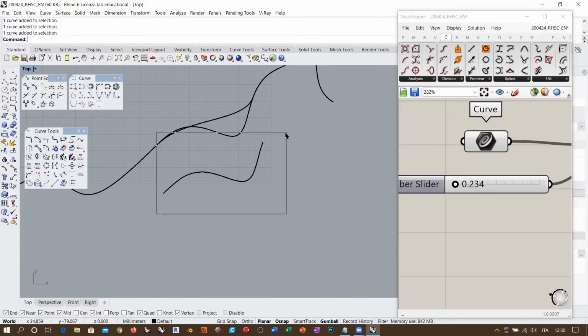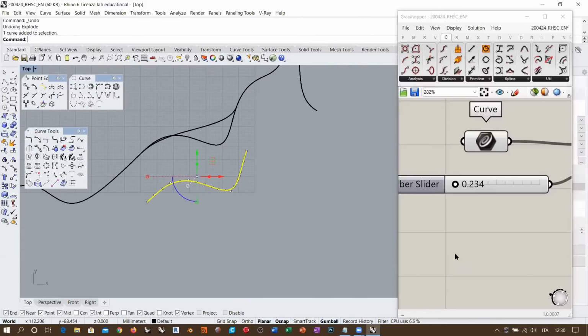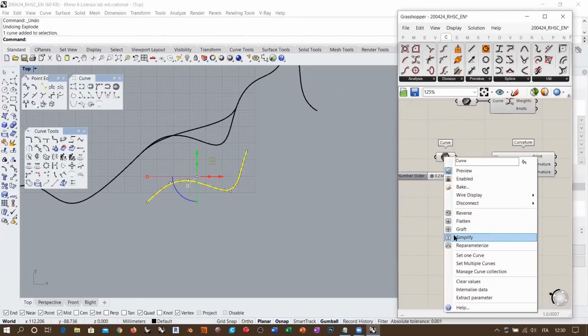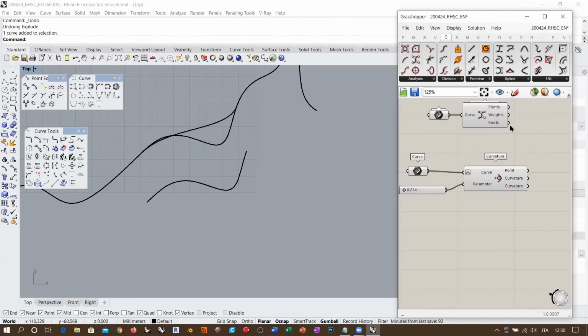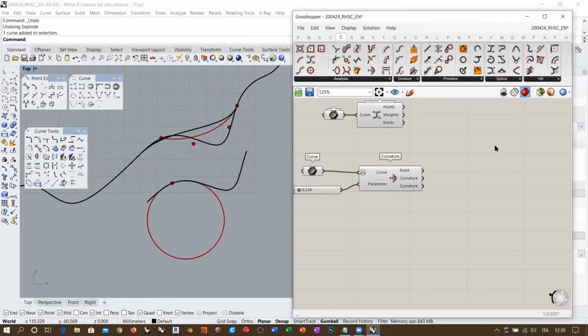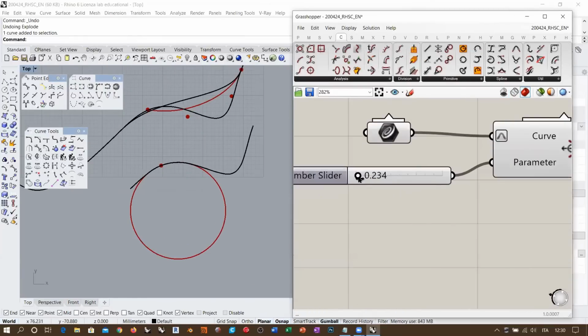So if I take this line here, join it, well, undo the explode command and import it here, set one curve, and take a look at what happens with the curvature analysis here. You see that we change from one circle to another circle to another one, another one, another one, another one, but they are constant along the path of one single segment.